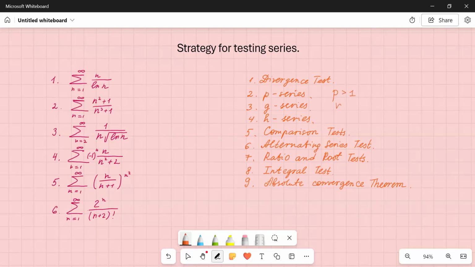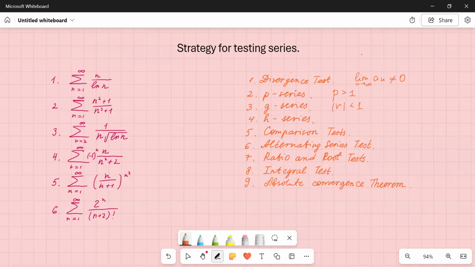For the G series, R is supposed to be less than 1, right? For the harmonic series, harmonic is divergent and alternating harmonic is convergent, right? For the divergence test, the limit of a_n is equal to 0, right? If it's not equal to 0, it's divergent.